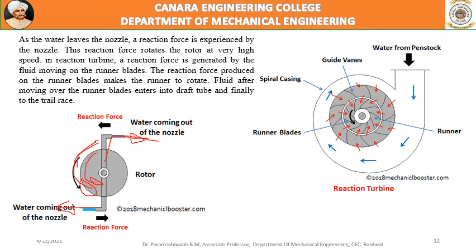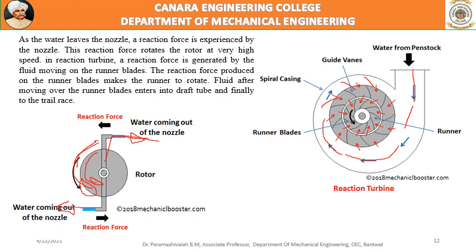Okay. So now in the case of reaction turbines, see here, water enters the turbine from the outside and moves along a spiral direction, spirally. Here there are two things.